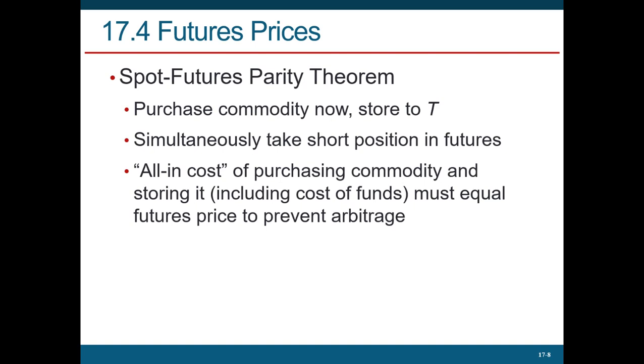You can replicate that futures price by holding the real asset from day 0 until the turn to maturity. And when you consider all the carrying costs and convenience yield, it must equal the future price. Otherwise, there will be arbitrage.